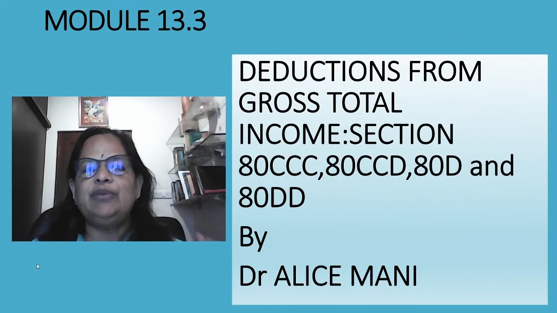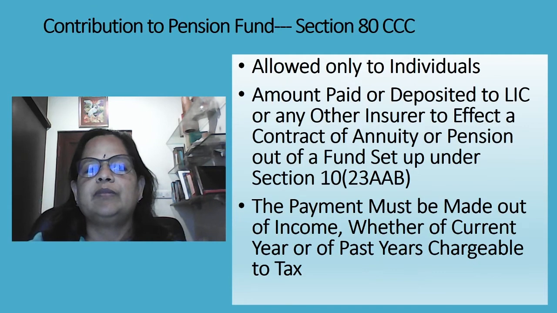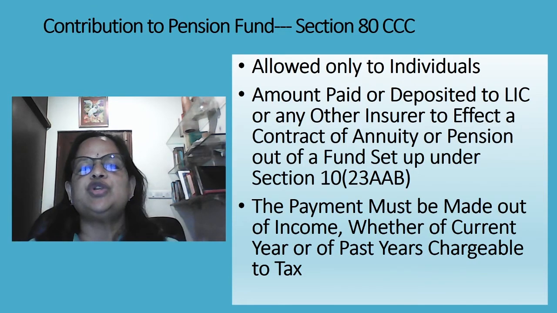As I told you, deductions from gross total income: 4 sections, 80CCC, 80CCD, 80D and 80DD. These are the 4 sections I am going to explain. The first section is contribution to pension fund, section 80CCC.